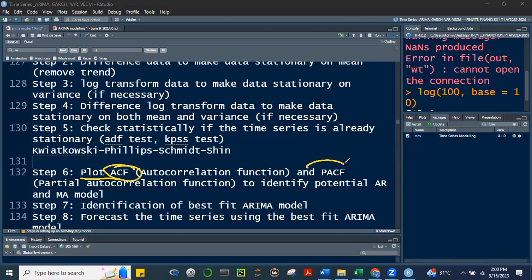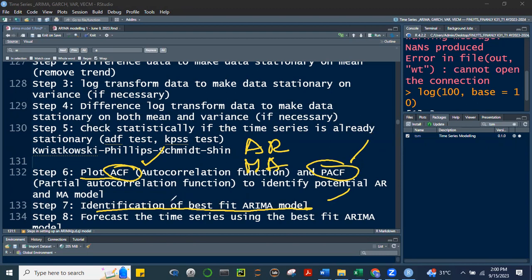The ACF and the PACF, meaning the autocorrelation function and the partial autocorrelation function, are very important to determine whether you are doing an AR process or an MA process. So you identify the best fit ARIMA model based on AR and MA.